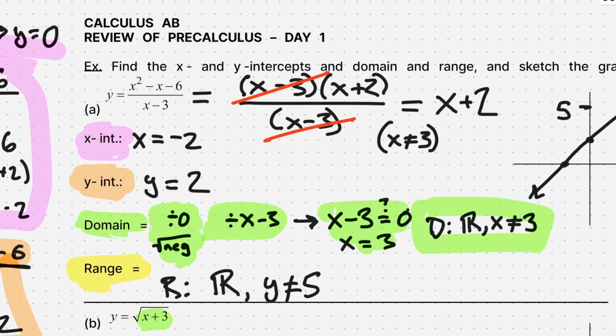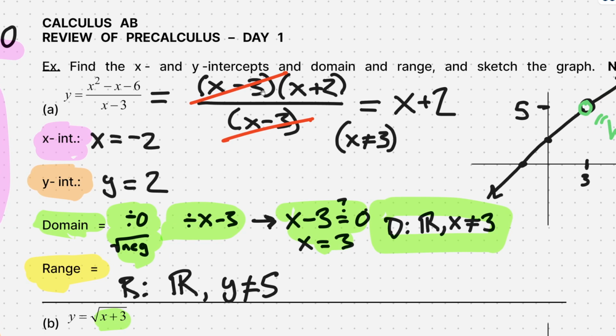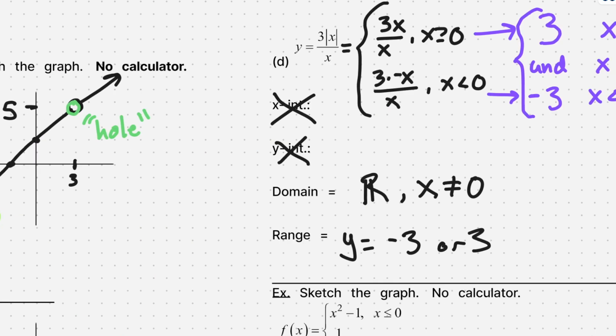But because the top also evaluated to 0, these two terms sort of canceled out, and the result was that only at 3 do we have a problem, and everywhere else we don't have a problem because the bottom of the fraction is gone. That's why we call it a removable discontinuity.